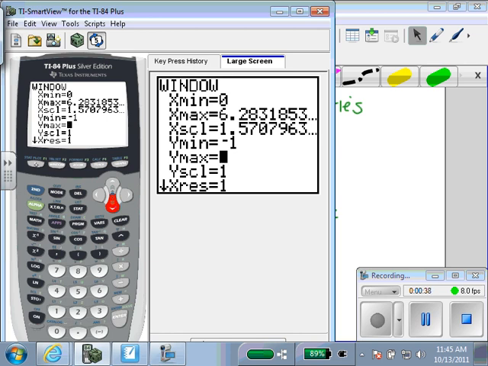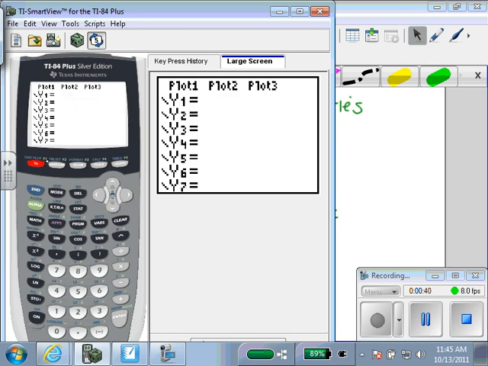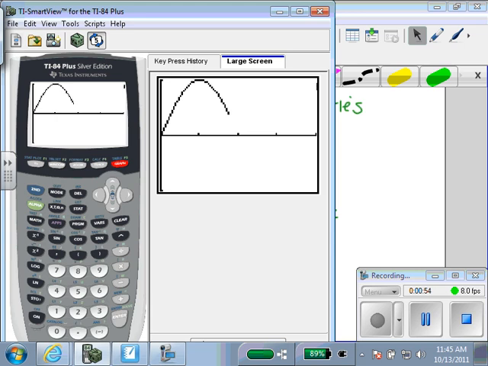The result will be that if you graph something like sine of x in the window, one wave of sine of x would show.